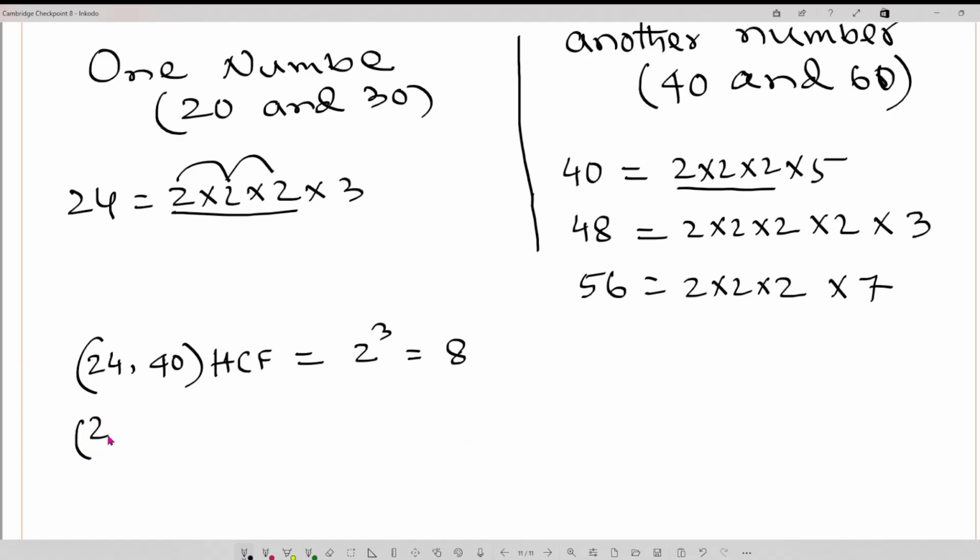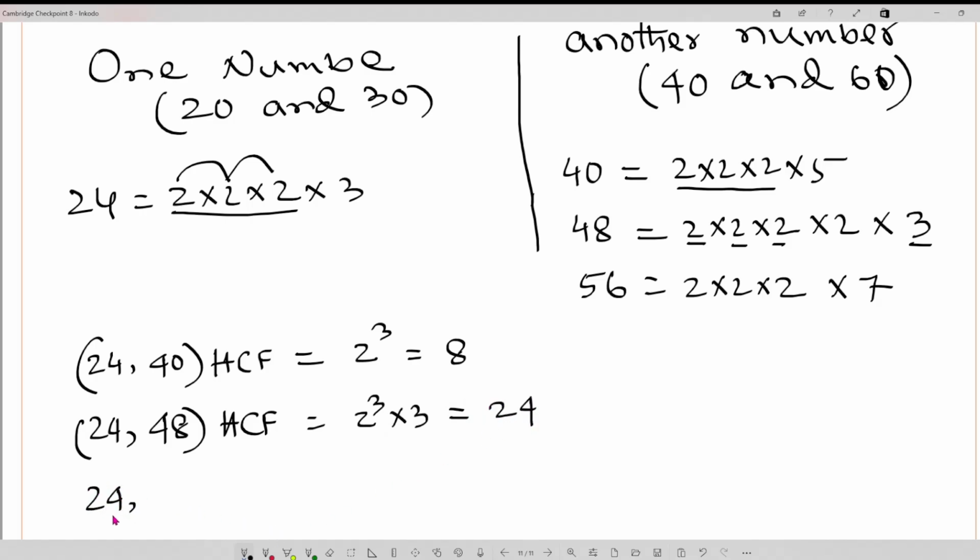Now 24 and 48: 2 to the power 3 times 3, which is not equal to 8, it is 24. And 24 and 56: 24 is 2 2 2 times 3, and 56 is 2 2 2 times 7, so 2 cubed is common, and that is 8.